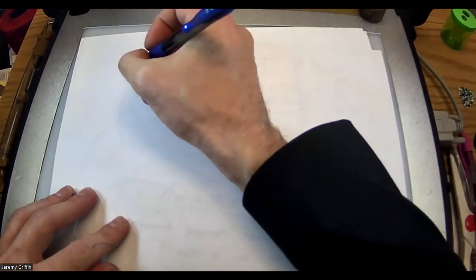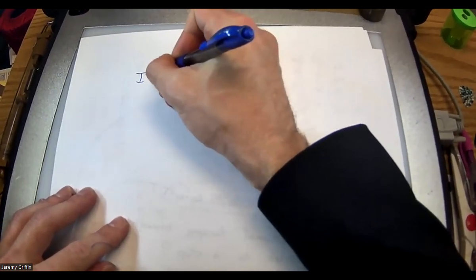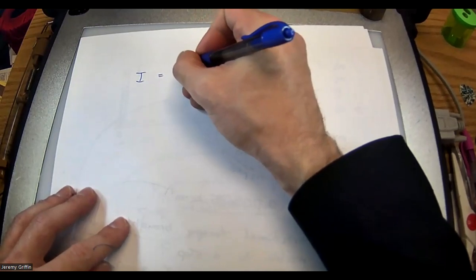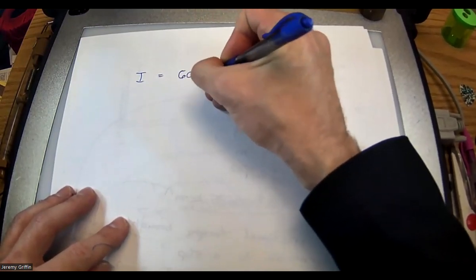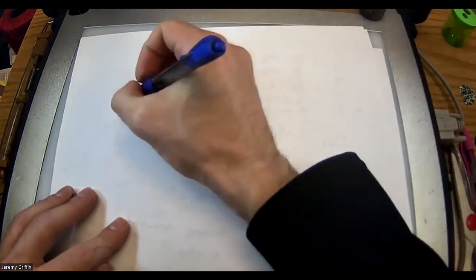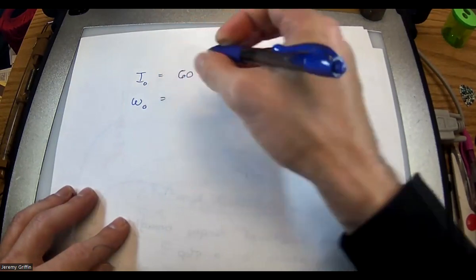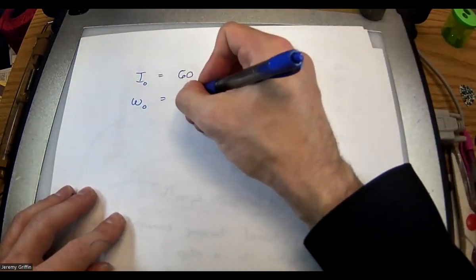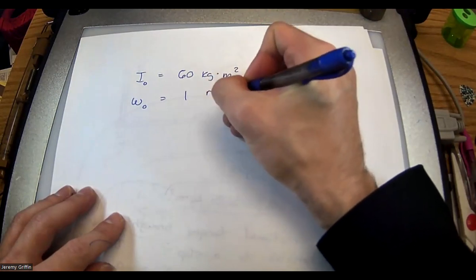Okay. So, what if an ice skater starts spinning and starts out with the rotational inertia of, let's pick a crazy number, how about 60 kilogram meters squared. I'll call it I naught. Let's have omega naught, the initial angular velocity, be like 1 radian per second, right?